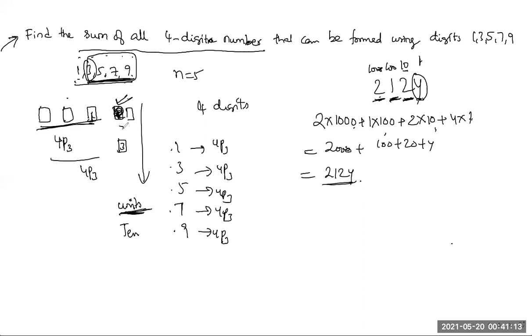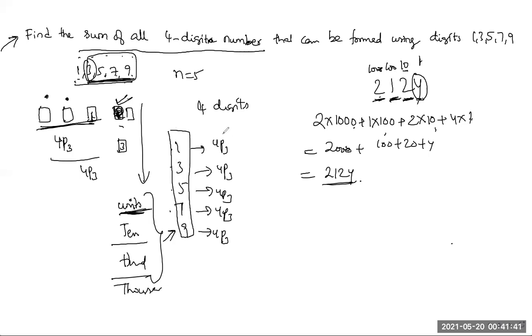So there also there will be 4P3 permutations in which we can arrange the remaining digits. Even the same occurs when we place this in hundreds place. Even the same occurs when we place each of them in thousands place. So for all these 4 cases, when we place each and every one of them, there will be 4P3 other combinations, right?